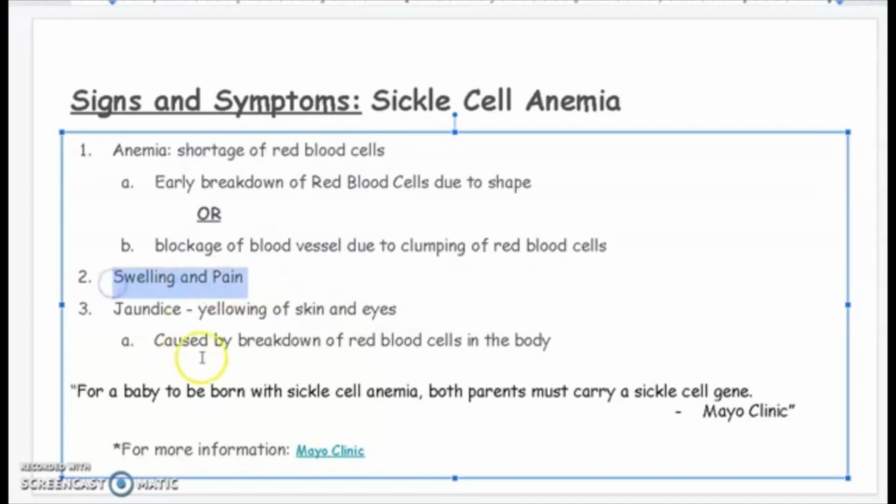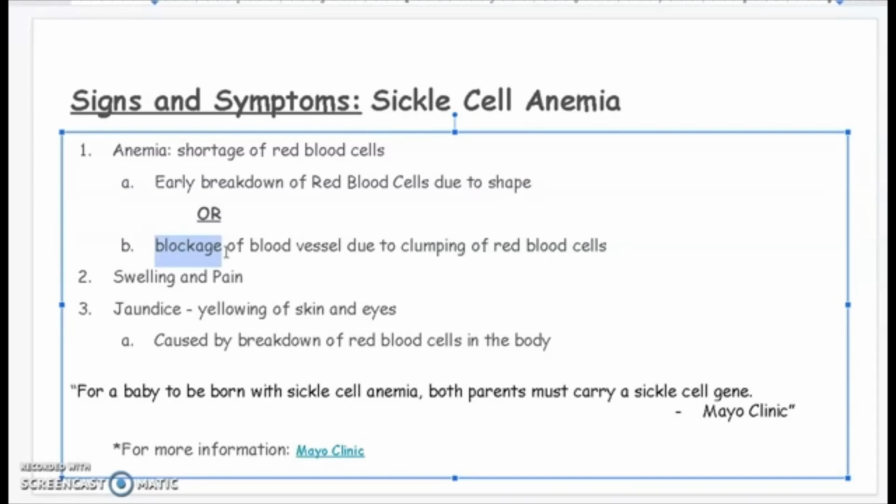Another sign or symptom is swelling and pain. Because of the blockage, you're going to swell up in certain areas because blood is getting trapped in a certain area. It can't move on. Or you get pain because, imagine trying to squeeze something sharp and edgy along your skin.